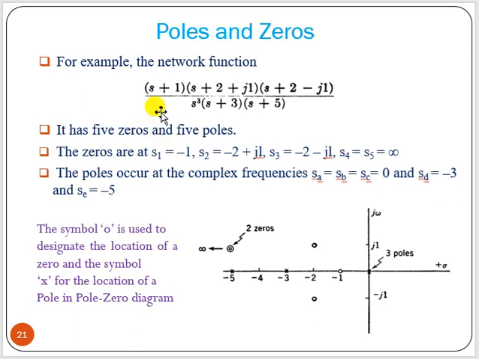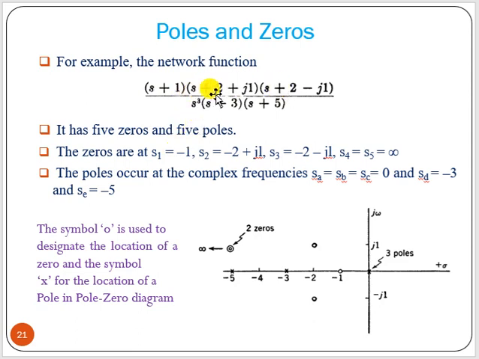Now let us take for example, a network function given like this. So here what we have: 1, 2, 3 zeros, and here 1, 2, 3, 5 poles. Now s plus 1 equal to 0, so s equal to minus 1. So a zero will be at minus 1.